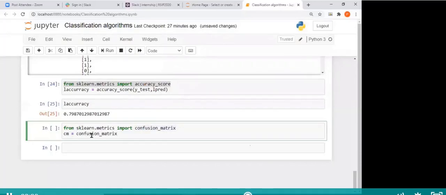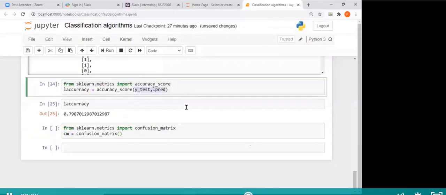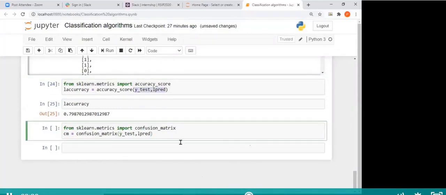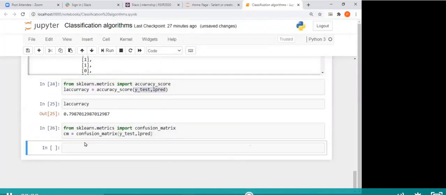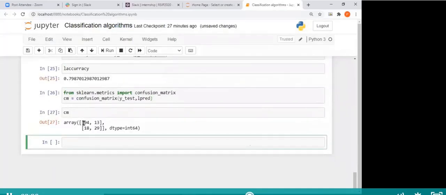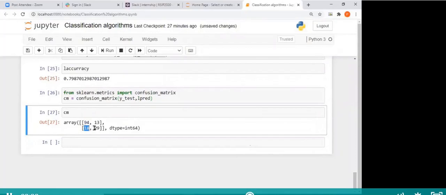Confusion matrix is also found between y_test and lpred. Let's see this CN. So here you got 94, 18, 29, 13, right? I'll tell you what all this is, but tomorrow you'll get very good clarity.